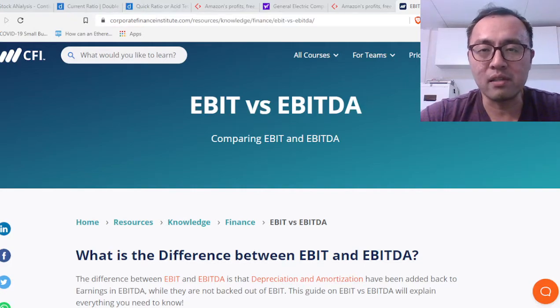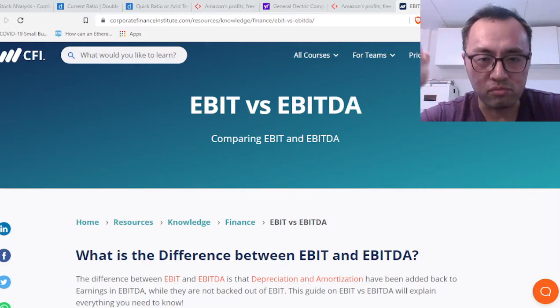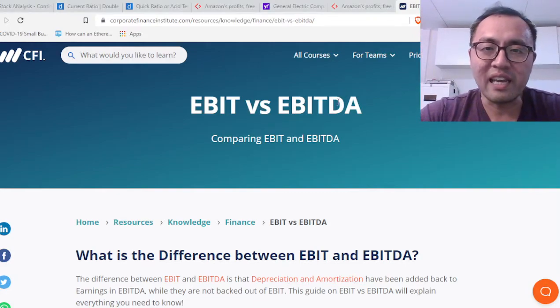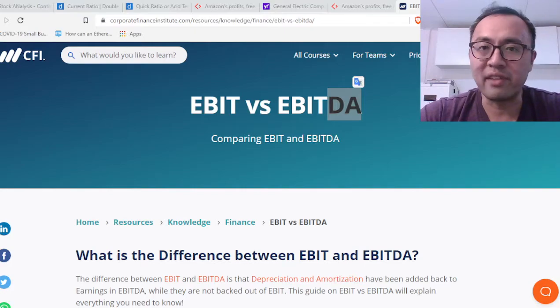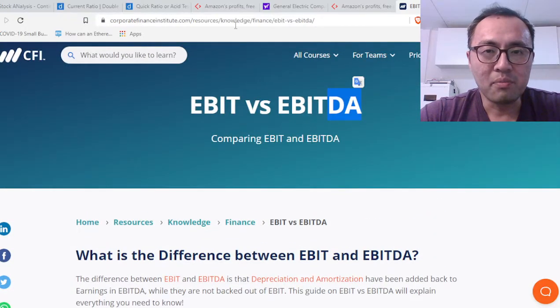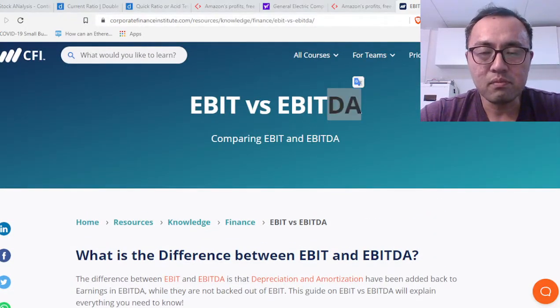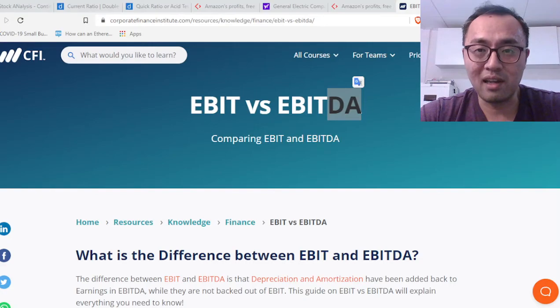So before you calculate interest and tax, that's how much you make. EBITDA is the same, but you also take out depreciation and amortization. So if you have a factory, or if you have debt, that's what D&A refers to. The reason why I tell you this is because people's definition of earnings could be net income, could be EBIT, or it could be EBITDA.